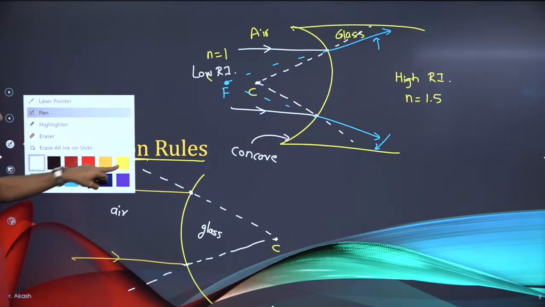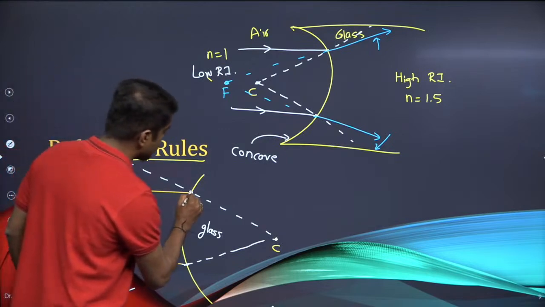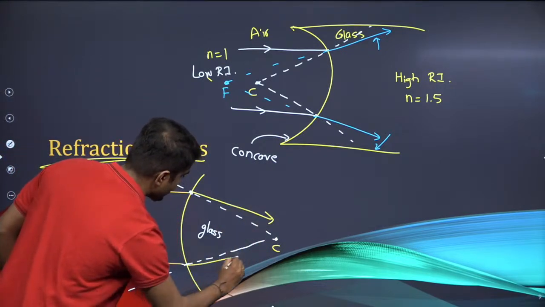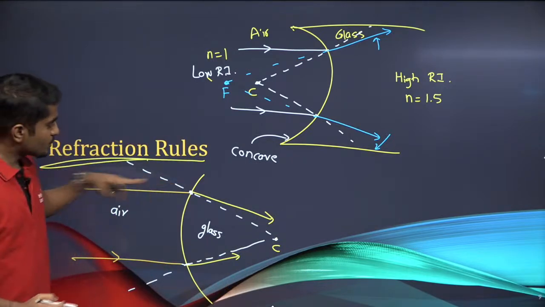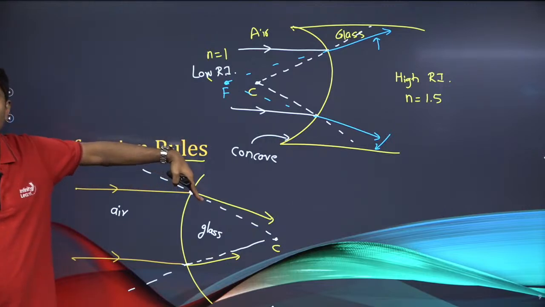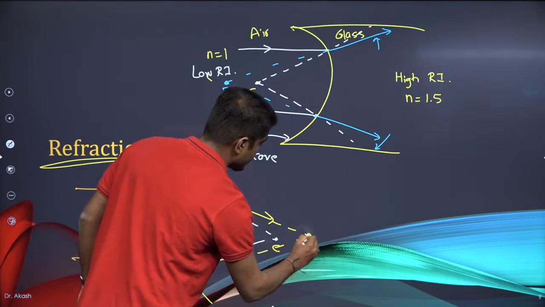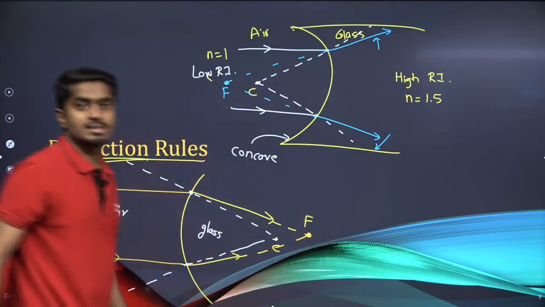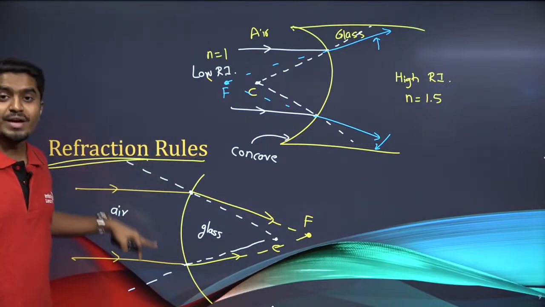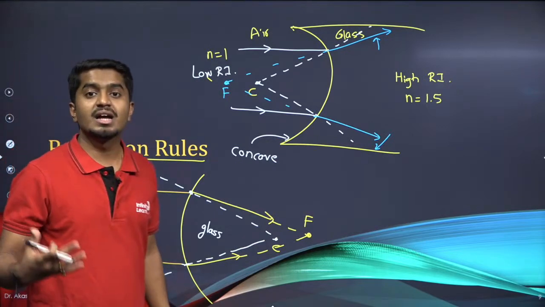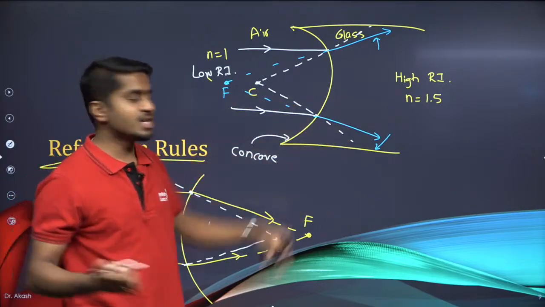So what will happen here? How will light bend? Towards the normal. Can you see? It is bending towards the normal. This is the incident light. So this was the path, and it bent towards the normal. So where will these two go? Somewhere here they are going to meet. So this will be the focus. Is it understood now? So whenever you have a convex surface, it acts like a converging surface. When you have a concave surface, it is a diverging surface.